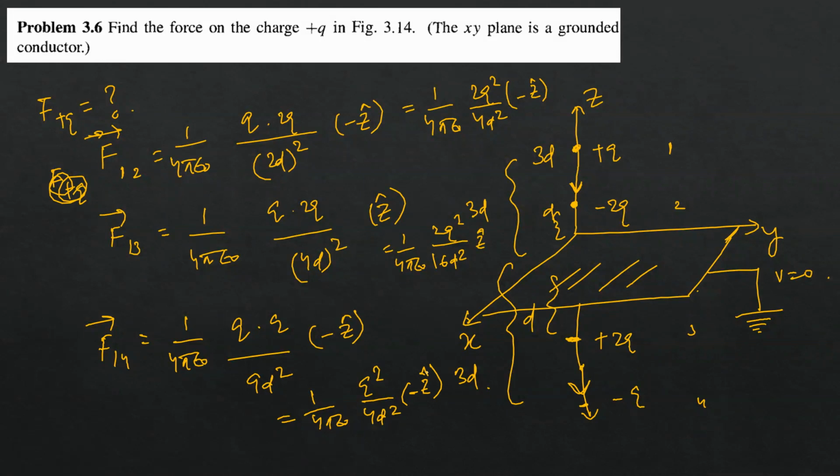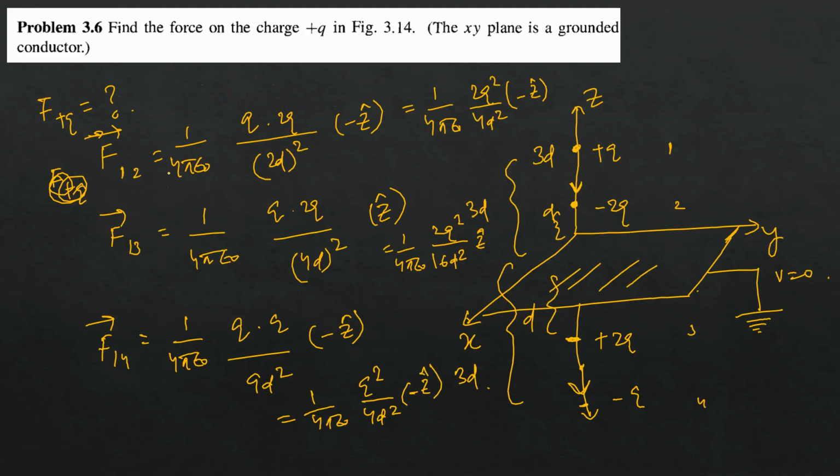We'll just simply add them now because everything is in proper directions. So the net force is F total on 1, F12 plus F13 plus F14.